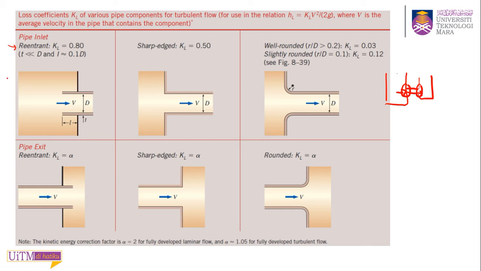It will depend on how your pipe is connected to the reservoir. This connection will give you a different loss coefficient. If your loss coefficient is higher, that means you have higher losses. If the loss coefficient is a smaller number, your losses are small.